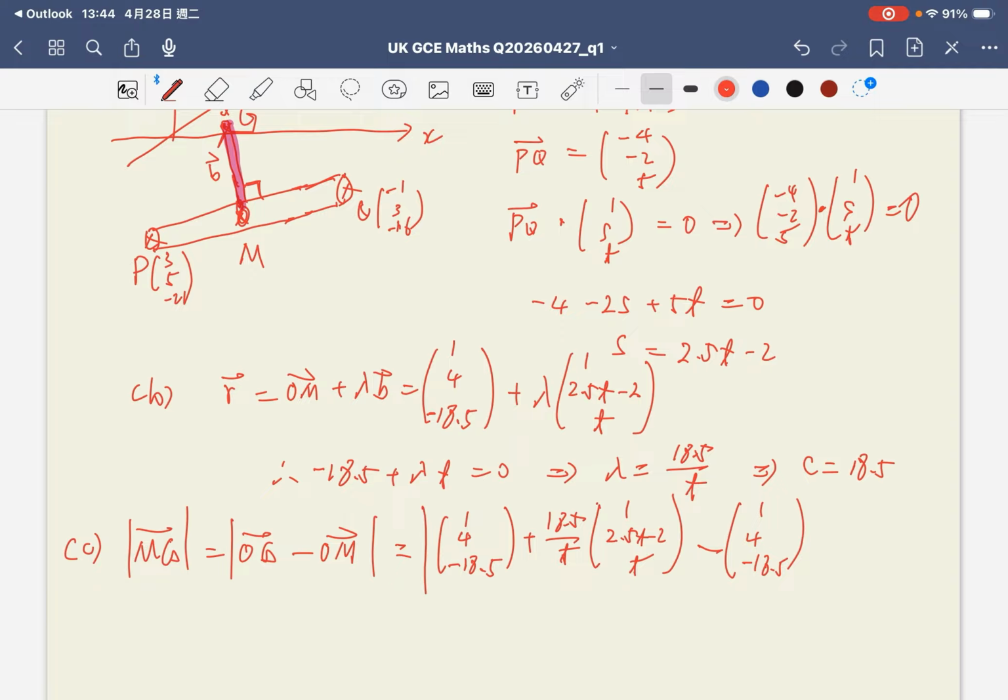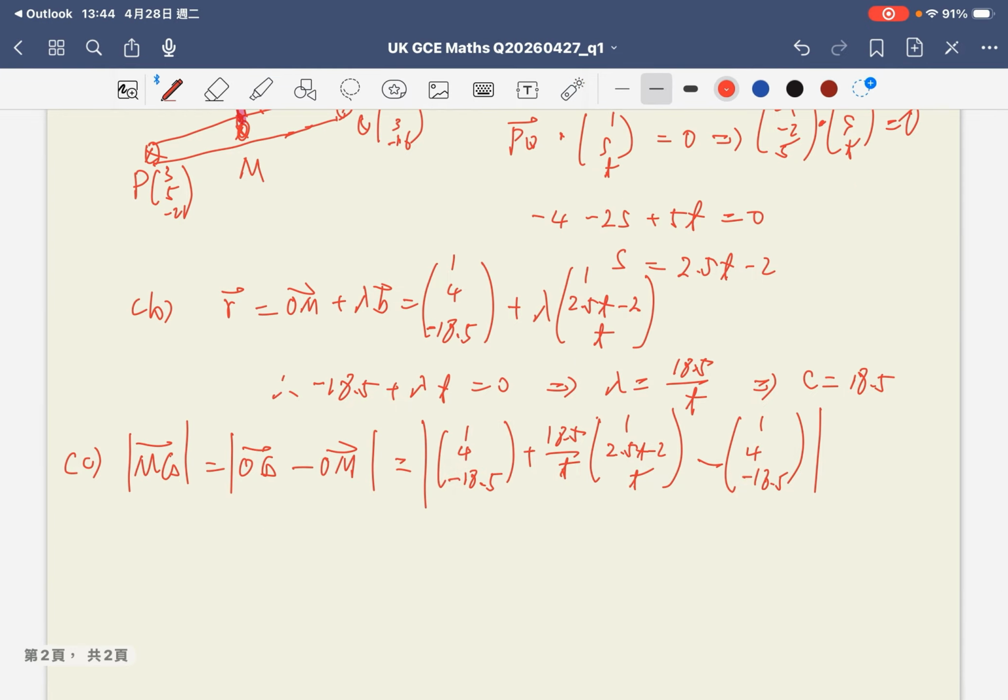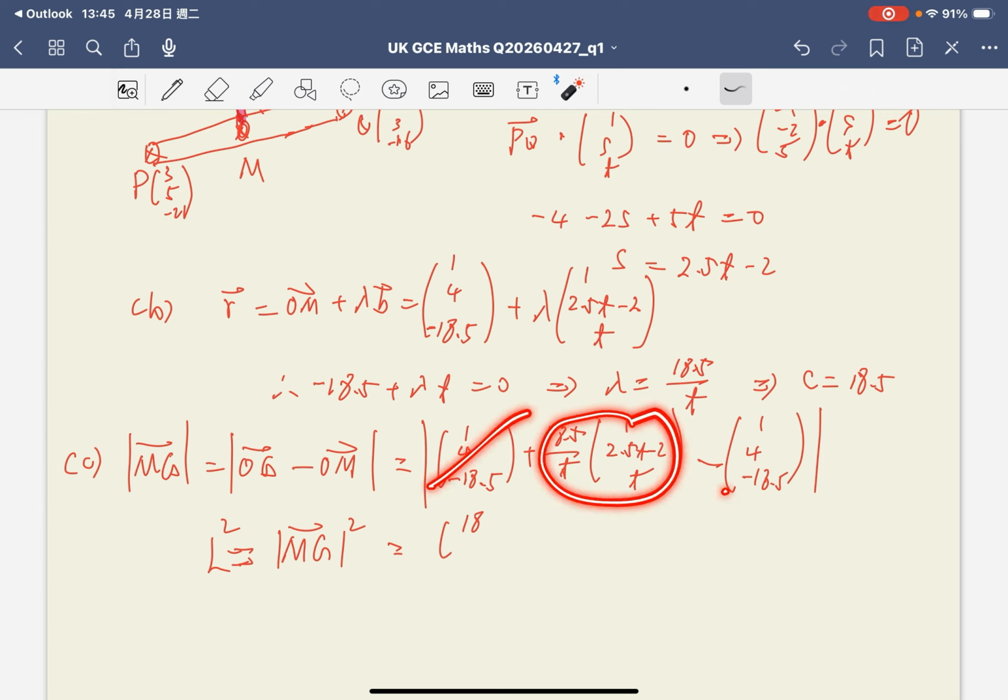The length, because these are cancelled, we can see that it cancelled. Therefore, I write that square of the length of MG. That is the length, or you can call that the length is L square, should be equal to this one. Only this part, because these two parts are cancelled.